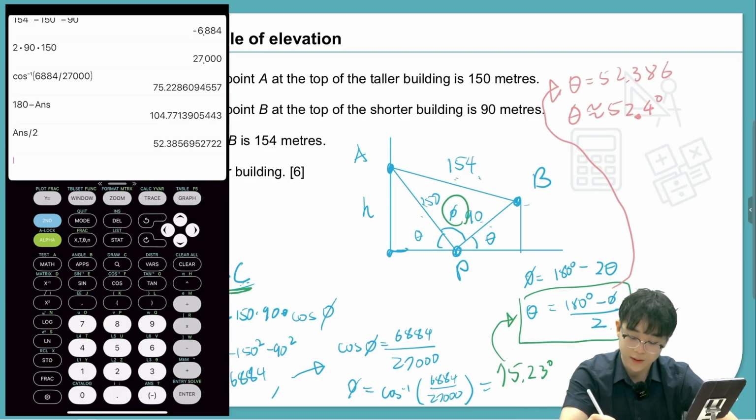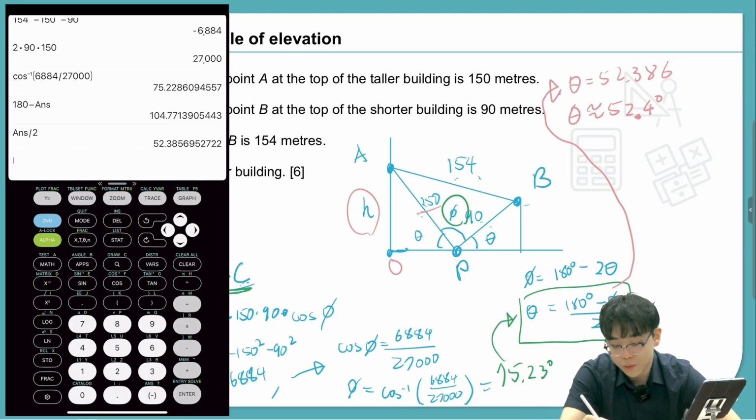And then we can turn our attention to triangle APO here, right? So we want to look at h. We know the hypotenuse is 150 in this triangle, right? So I'm just going to highlight this one. If the hypotenuse is 150 and h is the side opposite to theta, we can relate this with sine, right?